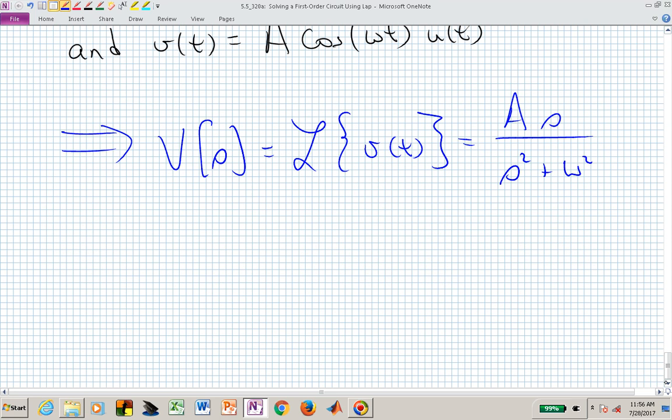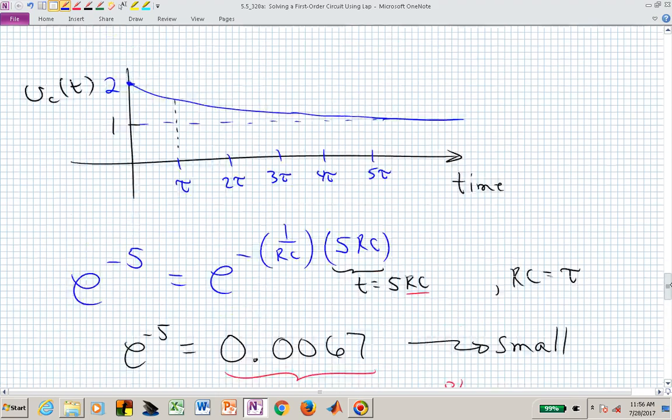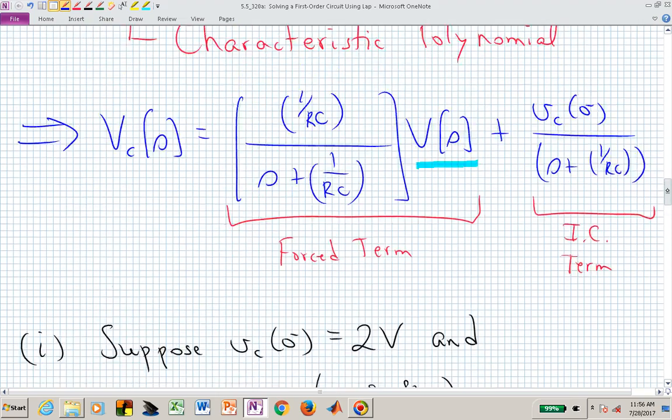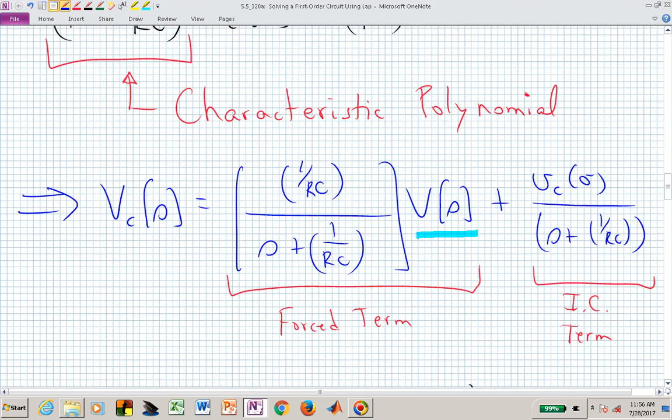And with that V of s, we now know V sub c of s. Now we don't have to repeat much of the analysis. We can use this starting expression, and the second term is no longer there because we have 0 initial conditions.